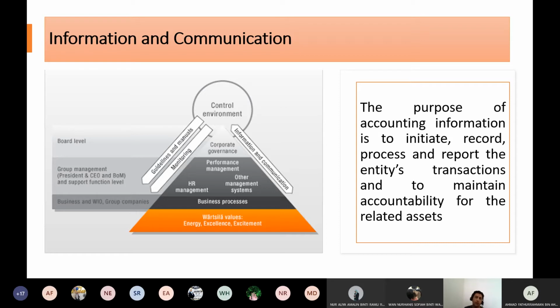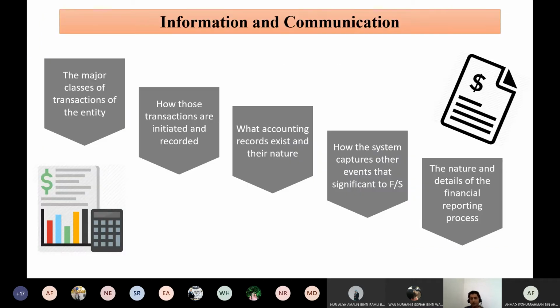So let's say we are talking about the inventory. Information about the inventory should be maintained and recorded in the right manner and provided. So what information should be included? First, we need to ensure the major classes of transactions of the entity.